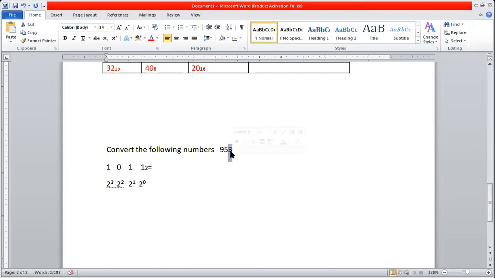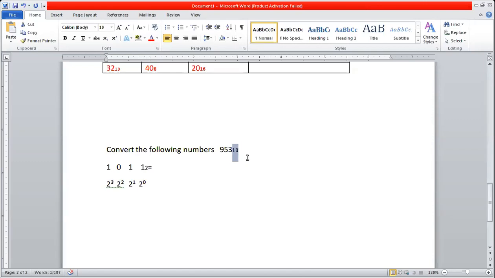The position of 5 is 10 raised to 1. The position of 9 is 10 raised to 2. That is why the base is 10.